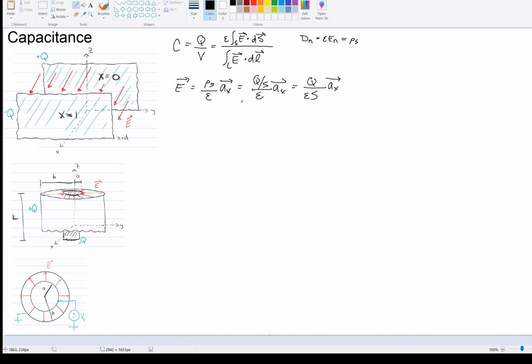So that's the electric field, and that was for, remember, the separating distance much less than the plate dimensions, i.e. we have infinite plates.